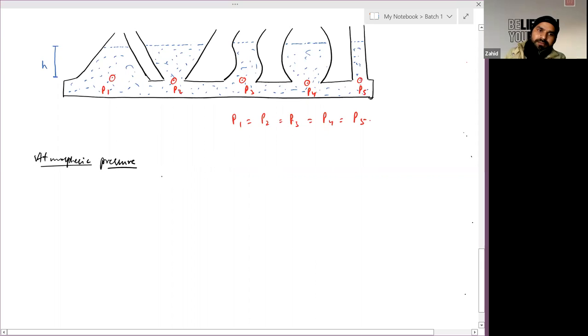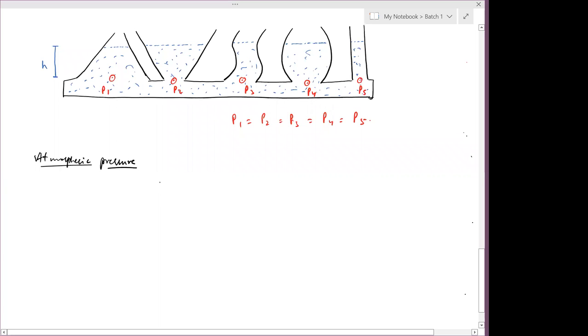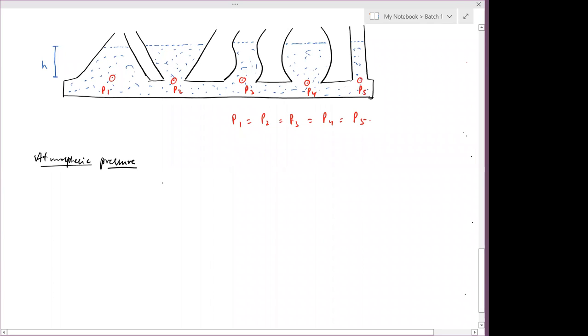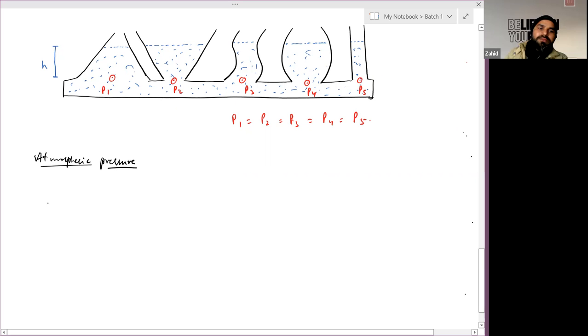Khalid, yes, sir. What do you mean by atmospheric pressure? It is the pressure exerted by the atmosphere. Good. Or you'll say pressure due to the air column.